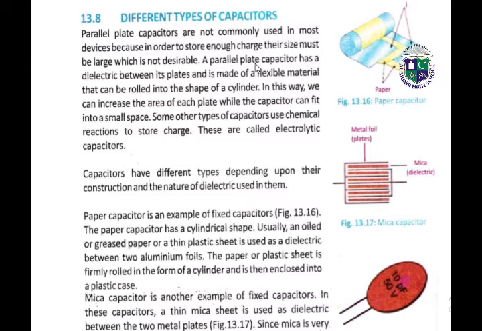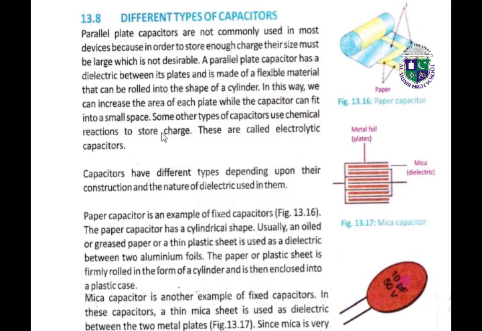A parallel plate capacitor has a dielectric between its plates and is made of a flexible material that can be rolled into the shape of a cylinder. In this way, we can increase the area of each plate while the capacitor can fit into a small space. Some other types of capacitors use chemical reactions to store the charge.